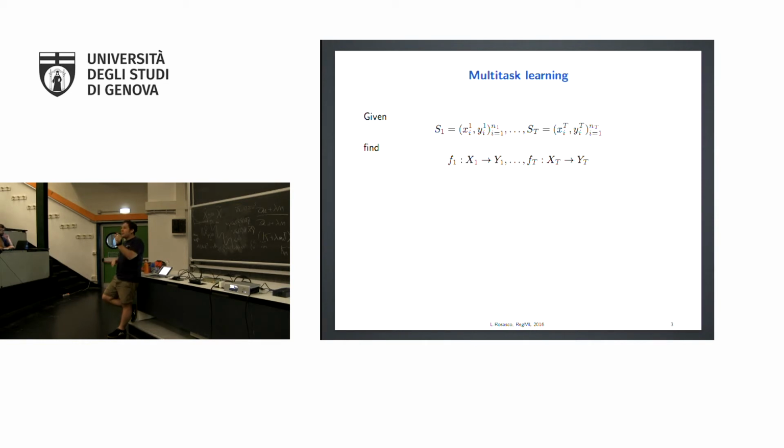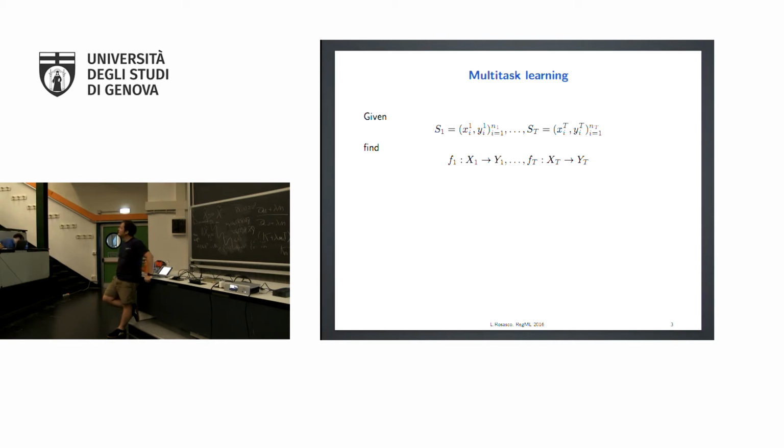Each of these learning problems is one of those that we discussed yesterday and this morning, but now you have T of them. In its wild generality, this setting can differ in everything: the input space can be different, the output space can be different, the probability distribution could be different. But you have T problems.